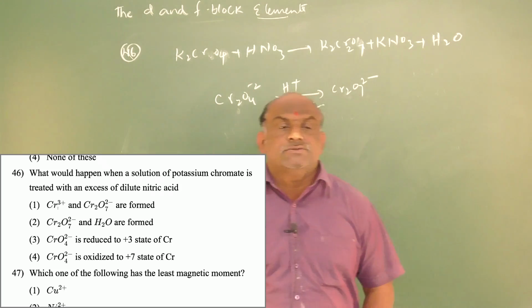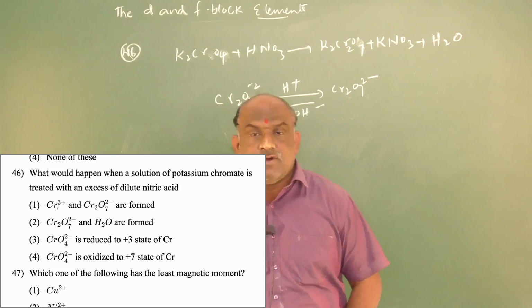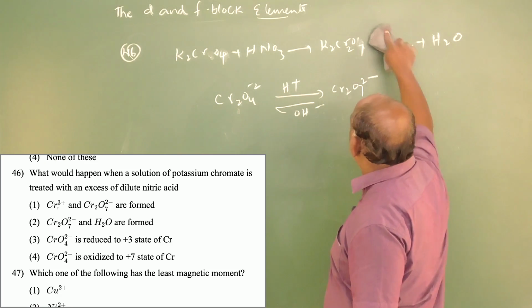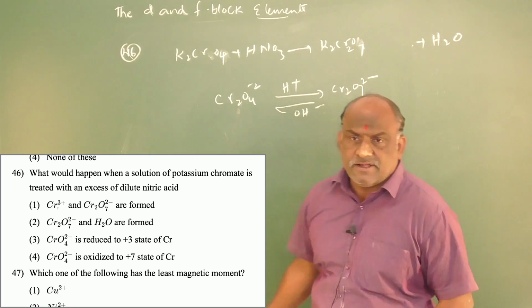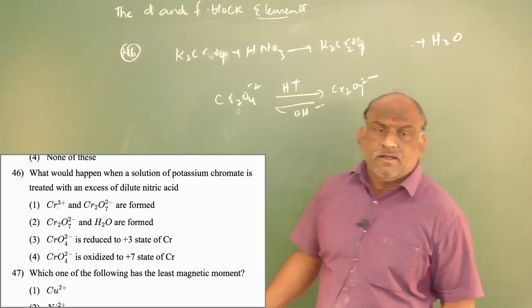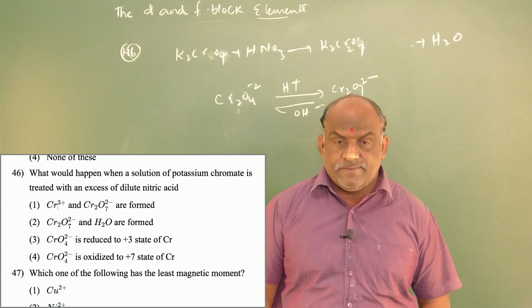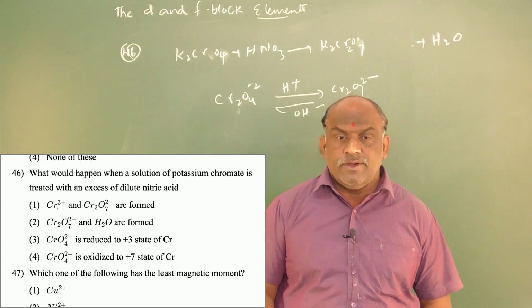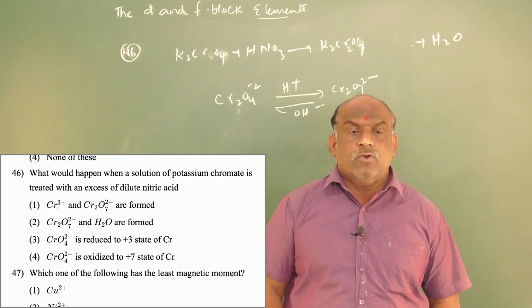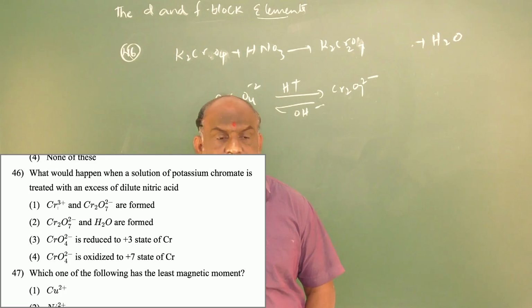So on that equation, observe option number 2: Cr2O7 2- and H2O are formed when dilute nitric acid is added to potassium chromate. If you add base to potassium dichromate, you get chromate. So chromate and dichromate are interconvertible. Option number 2 is the right answer for question number 46.